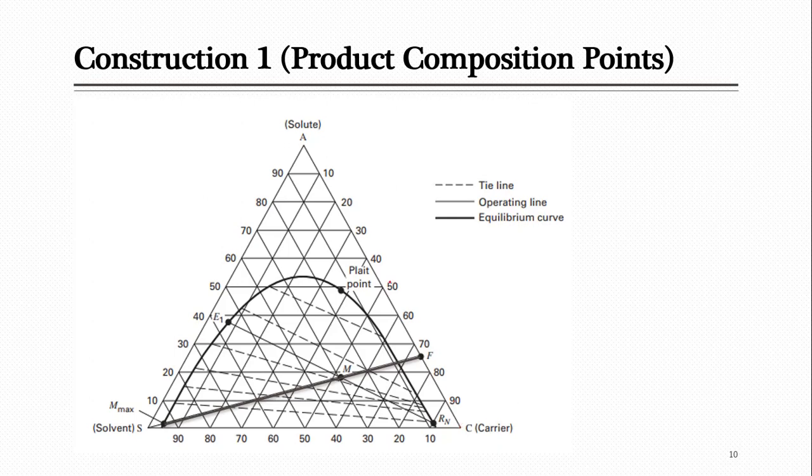By the way, sometimes you can forget what these numbers are representing, or which component they are representing, because from here it could be either A or C. So just look, you know that on the apex on this corner, any component which is written is 100%, so carrier is 100% here. Now it will keep decreasing as you move away from this. So this is decreasing, 90, then 80, then 70 and so on.